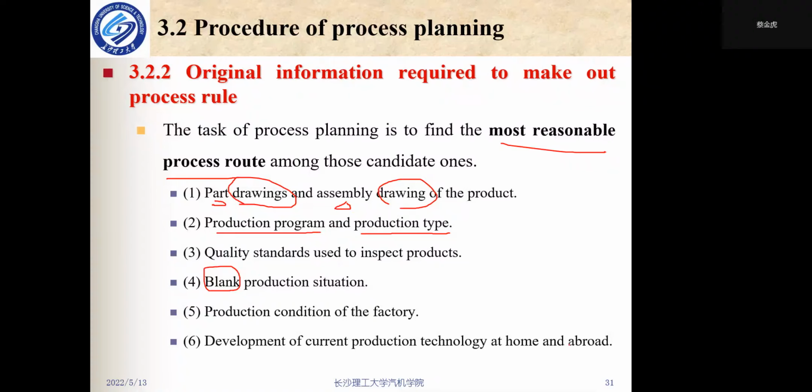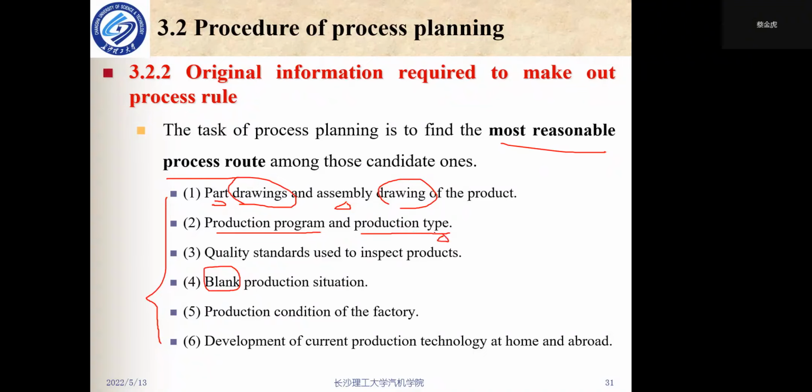So the original information required in process planning includes 6 contents. The first one is the part and assembly joins of the product. The second one is production program and production type.